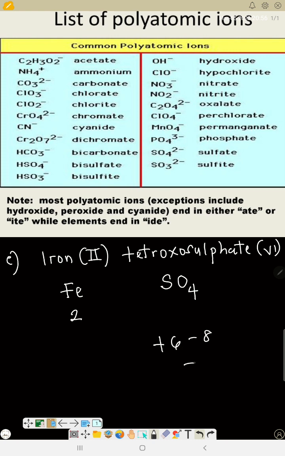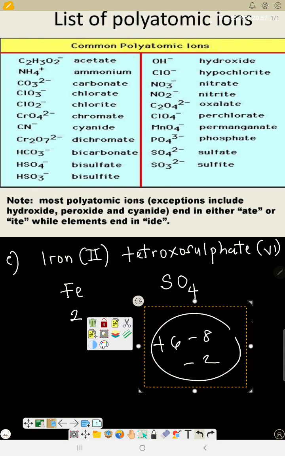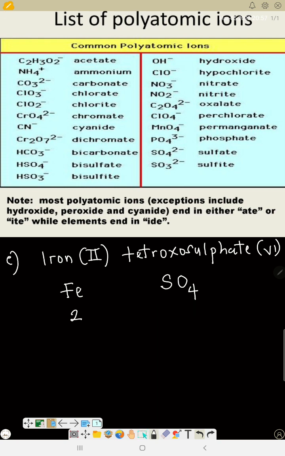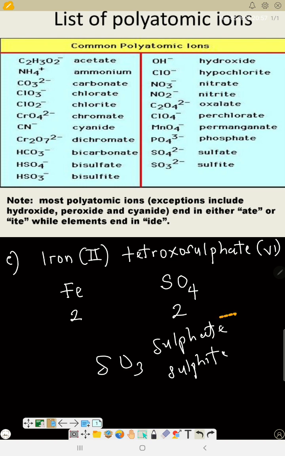Plus 6 minus 8 will be minus 2, so their total charge is minus 2. Take note, SO4 is sulfate or tetraoxosulfate 6. The short form is just sulfate. Take note, if it is short of one oxygen, it will be sulfite, that is SO3.